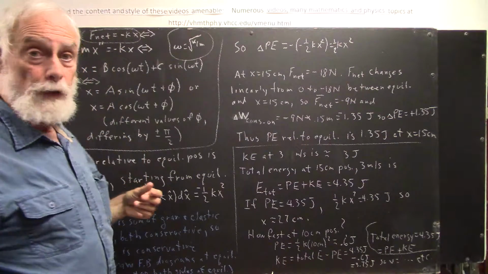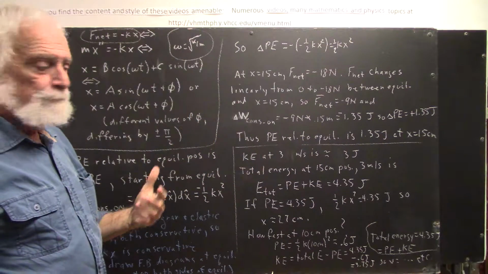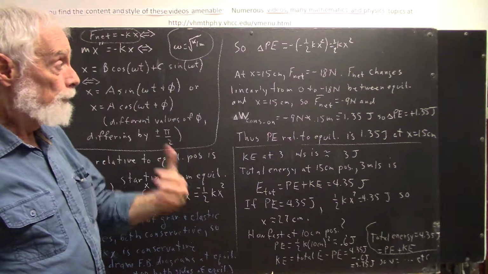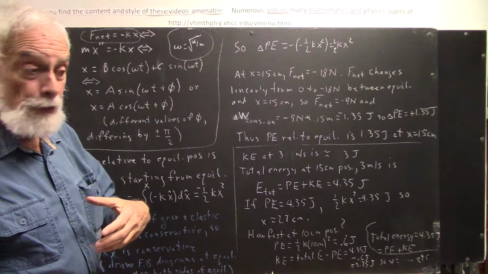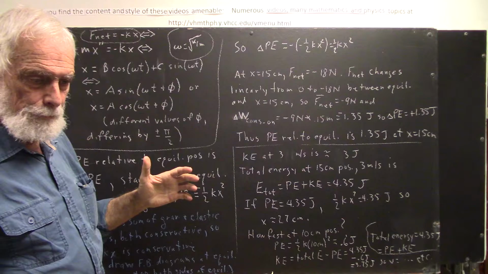Another thing you have to understand is that, as stated in the problem, we assume, and it's not true for rubber bands, but we assume, at least as a first approximation, that the force exerted by the rubber band is conservative.